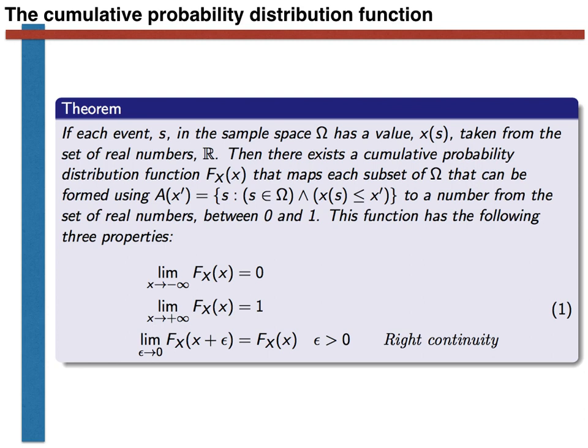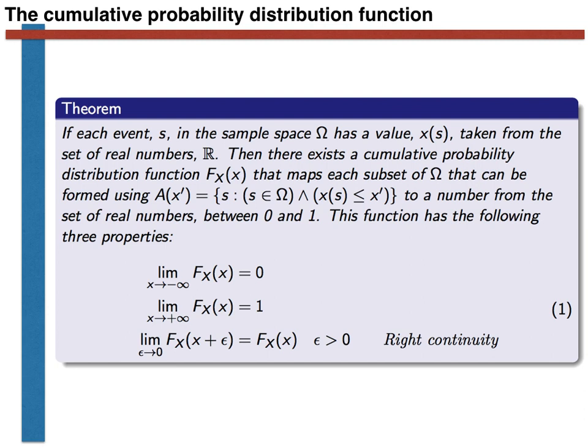If each event s in the sample space Ω has a value x(s) taken from the set of real numbers ℝ, then there exists a cumulative probability distribution function F_X(x) that maps each subset of Ω that can be formed using this particular piece of set builder notation to a number from the set of real numbers between 0 and 1.